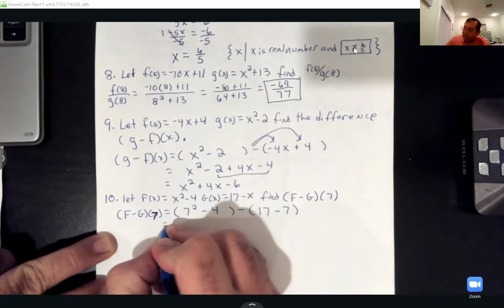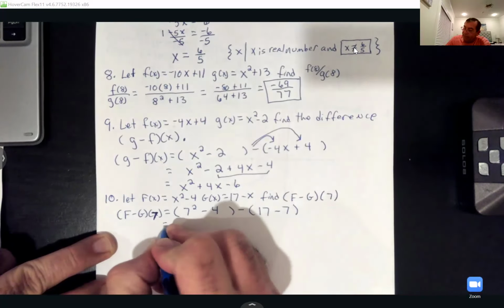Now, y'all, what I do on this one, since they gave me numbers, I'm going to work this parentheses, work this parentheses. My last step will actually be the subtracting, okay? All right, so let's go. 7 squared is 49 minus 4. Over here, I can actually do my 17 minus 7, and that'll give me a 10.